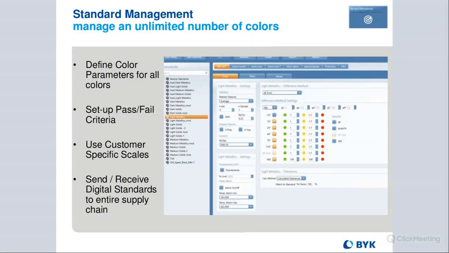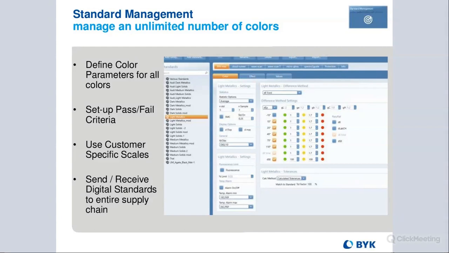So here's an example of setting up a digital standard. Here you can define the color parameters for all colors. We call this a color family. So if you have dark metallics, and they're always going to have the same settings, you can have that as one color family. Then every color that you add into there is going to have those same settings already preset. Everyone wants to have a setup for a pass-fail criteria. This can be customer defined.